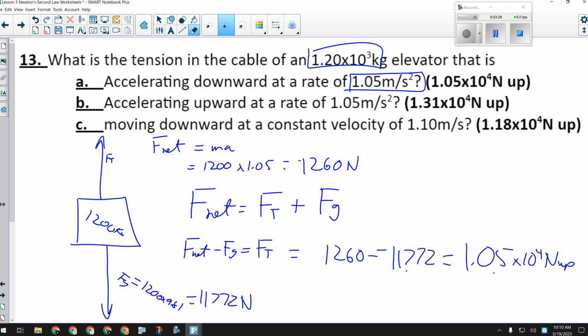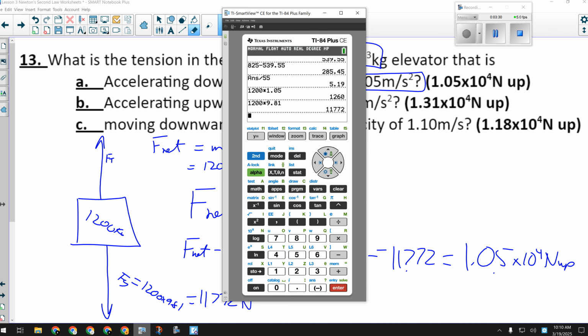I still have the force of gravity downwards, that hasn't changed, but now I go 1,260 minus negative 11,772, and I get a bigger number. The force up has to be bigger than gravity, otherwise the elevator is not going to accelerate upwards. I have to have a net force up to have an acceleration that is up.